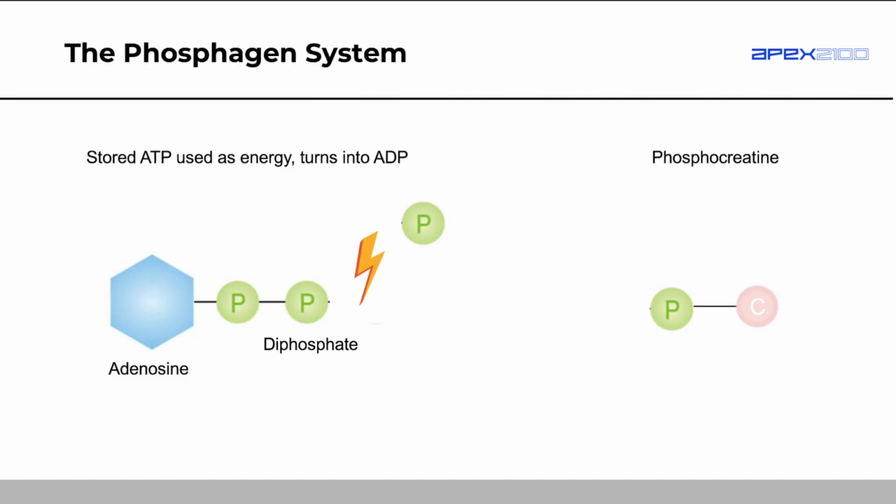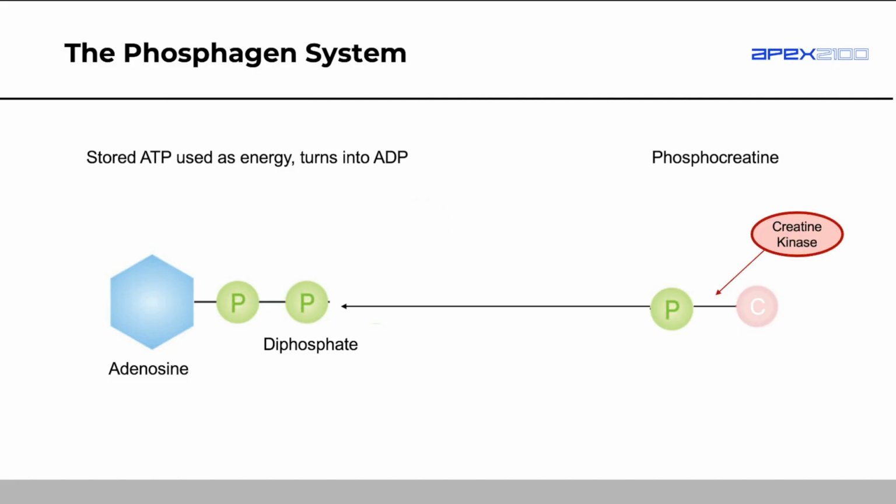So what's going to happen is that phosphocreatine is going to interact with something called creatine kinase, and it's going to donate its phosphate group to the ADP, so to the adenosine diphosphate.